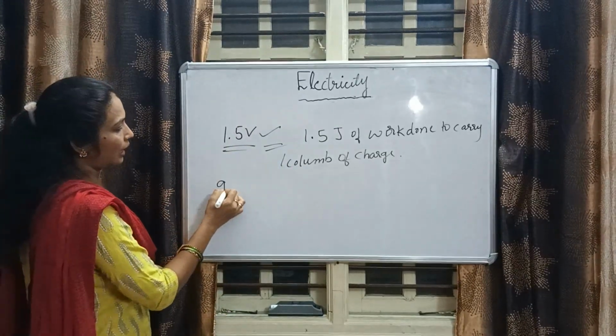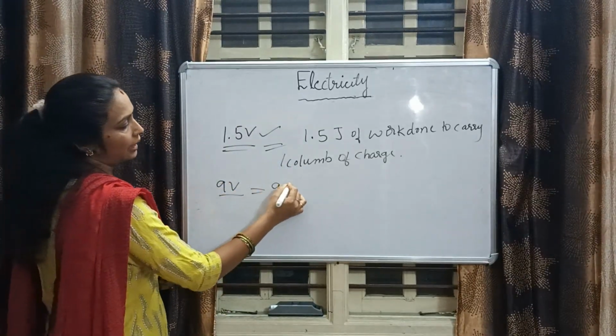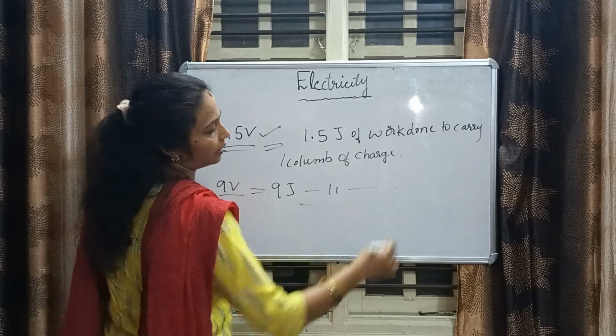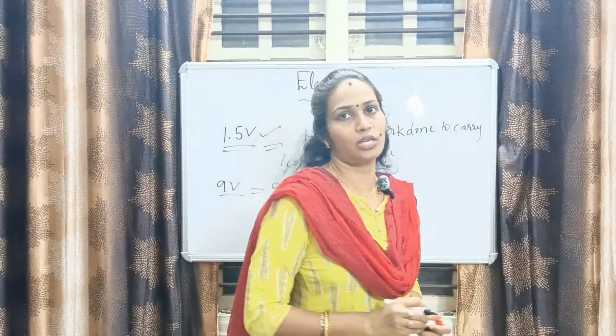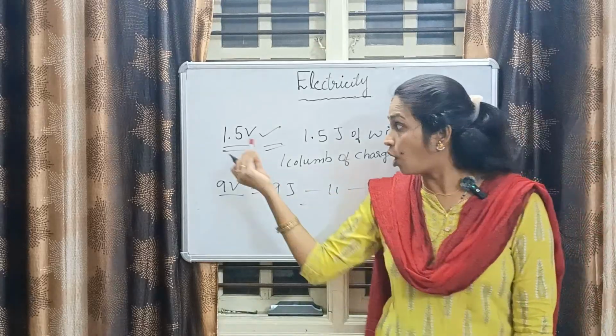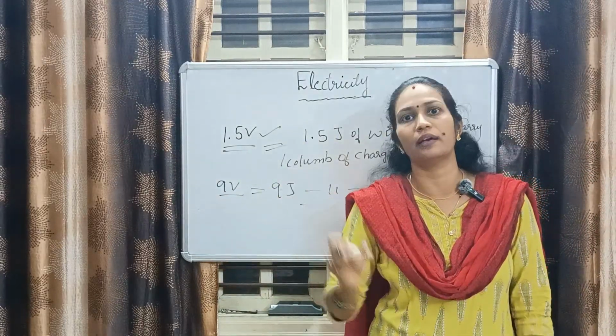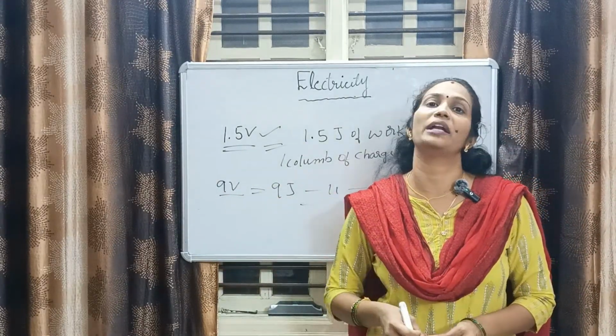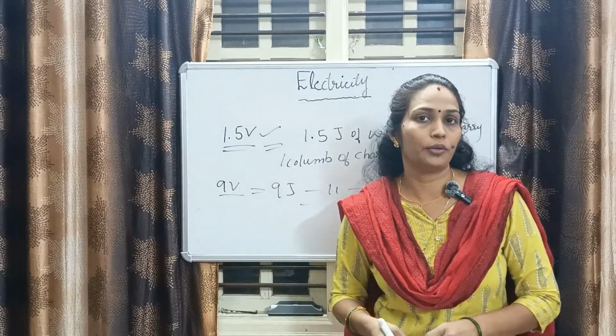So similarly, 9 volt means 9 joule of work done to carry the same 1 coulomb of charge. How much work is going to be done, that is how much pressure is building in the battery itself, is called a potential difference. That all you know.